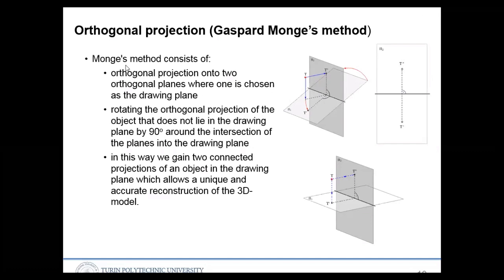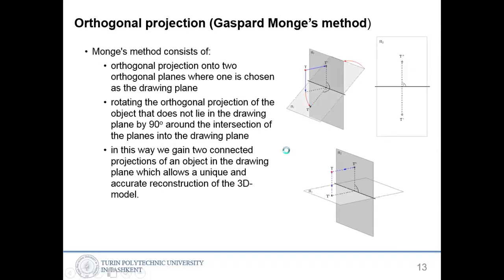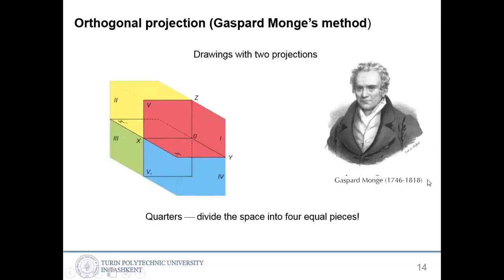So he did this thing in these years. Okay, so he actually used 2 planes to intersect the 3D shape. The 3D space he cut using 2 planes, plane 1 and plane 2, and that intersects the 3D space into 4 quadrants or 4 quarters.